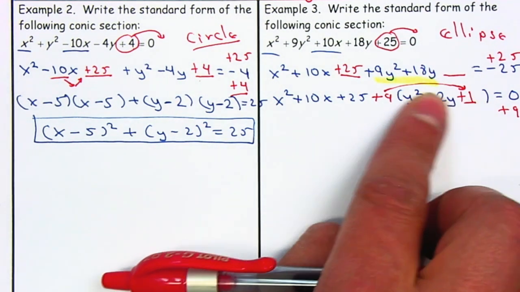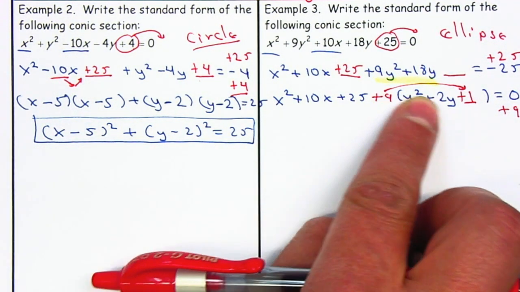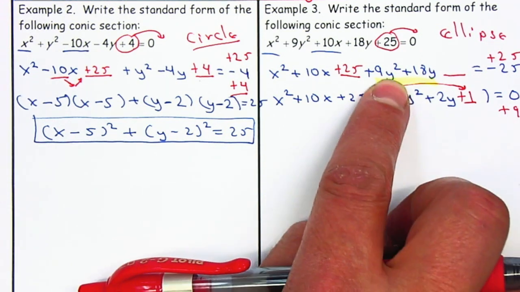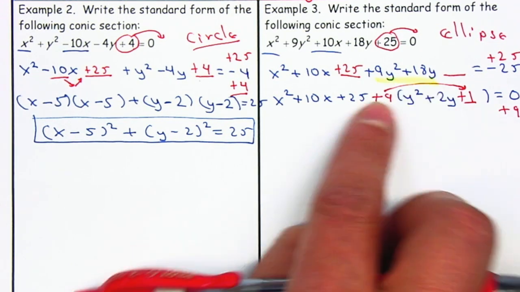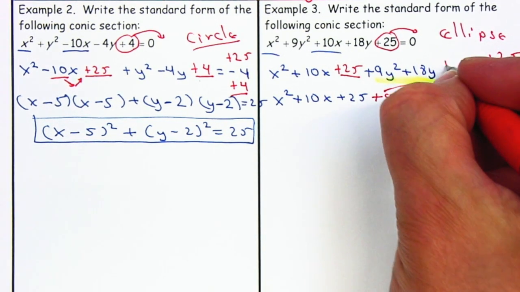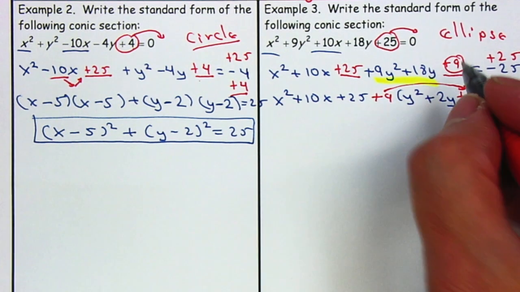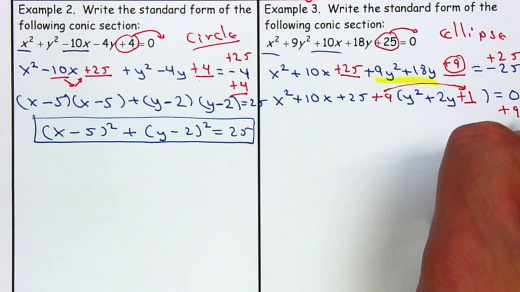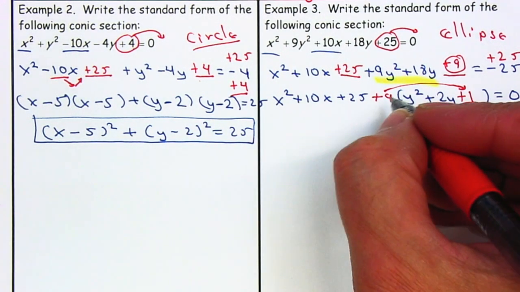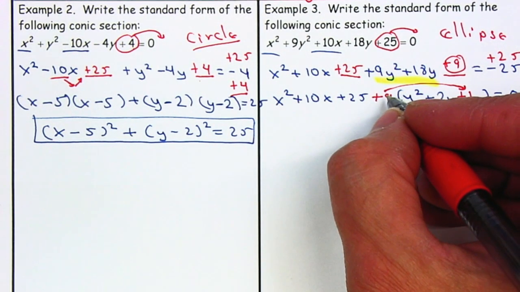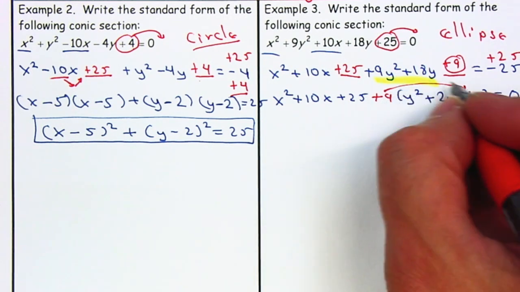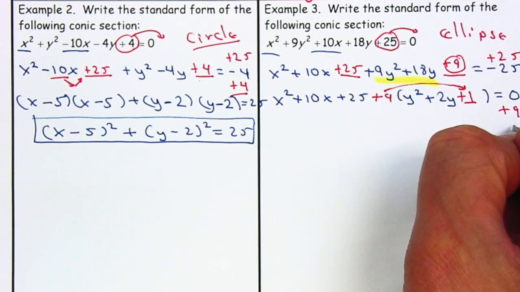This 1 is being multiplied by the 9. So if you go backwards, that gives you 9y squared, 18y, and that should have been a positive 9. That came from here. So we actually added 9 on this side. So you have to add 9. So if you factor a number out, you want to be able to multiply once you complete the square to add it to the other side.